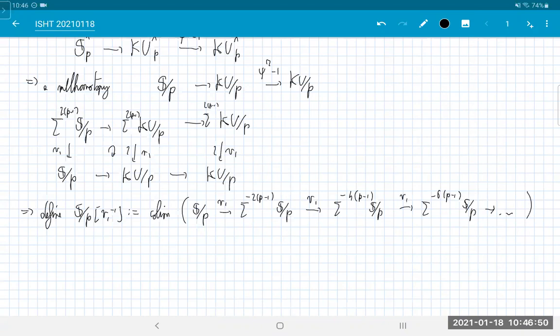So I'm essentially formally inverting v1 in the homotopy of S mod p. We get a map S mod p like this, KU mod p, KU mod p, psi r minus 1, and we still have a null homotopy of the composition, since this is a colimit of sequences equipped with a null homotopy.